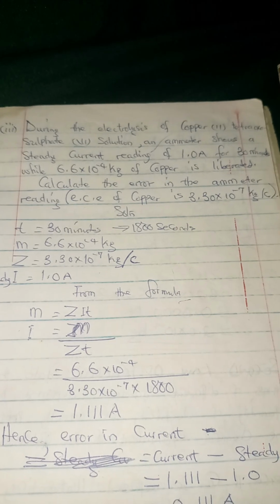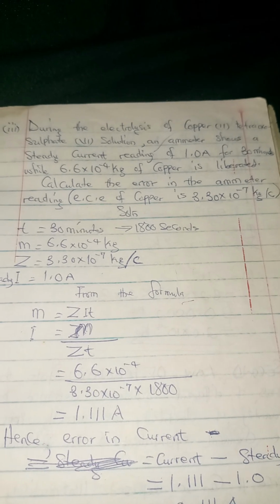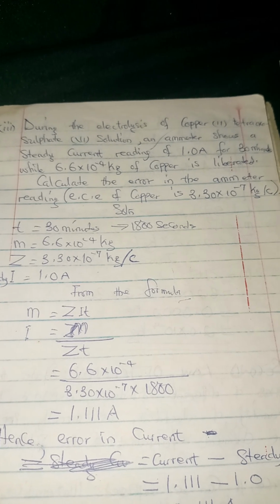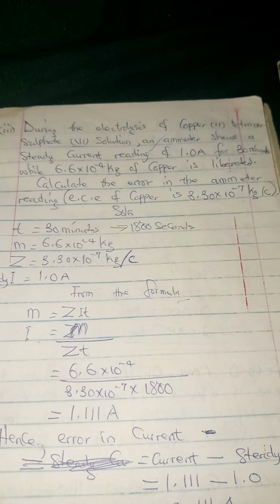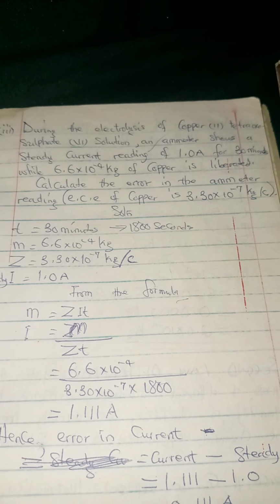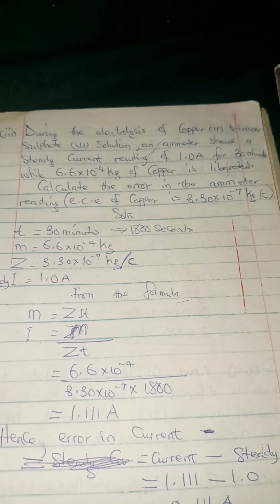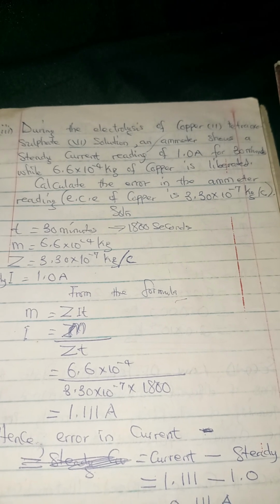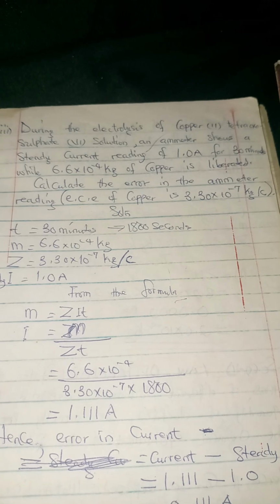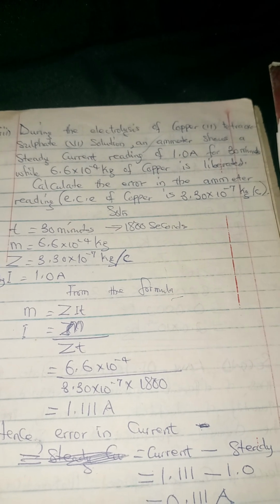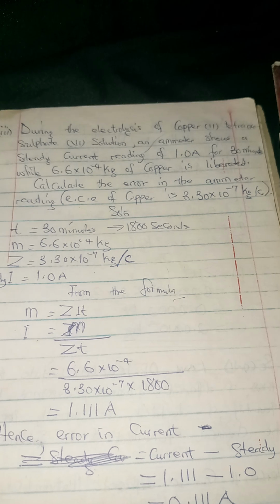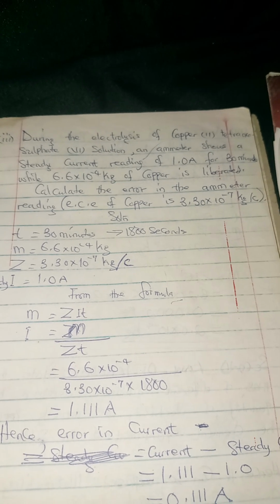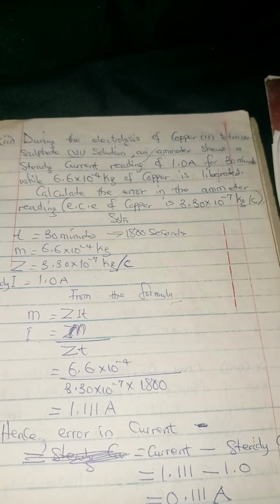The question says, during the electrolysis of copper II tetraoxosulphate VI solution, an ammeter shows a steady current reading of 1.0 ampere for 30 minutes, while 6.6 times 10 raised to minus 4 kilogram of copper is liberated. Calculate the error in the ammeter reading, given the electrochemical equivalent of copper to be 3.30 times 10 raised to minus 7 kilogram per coulomb.